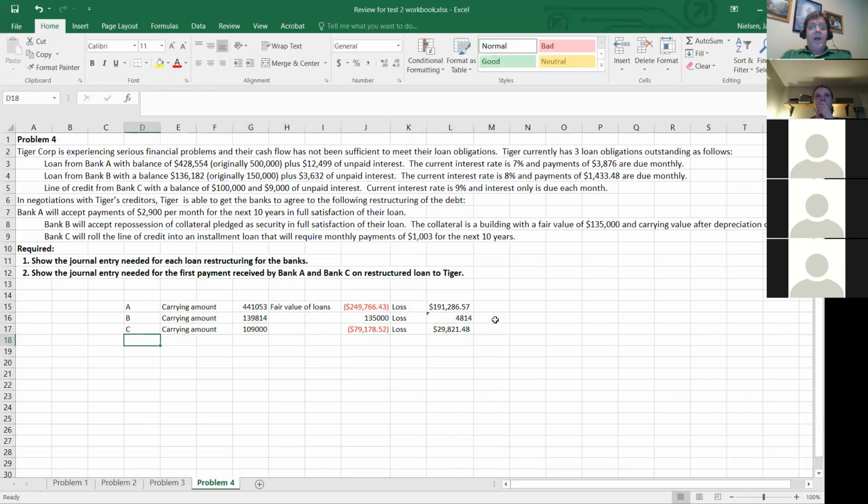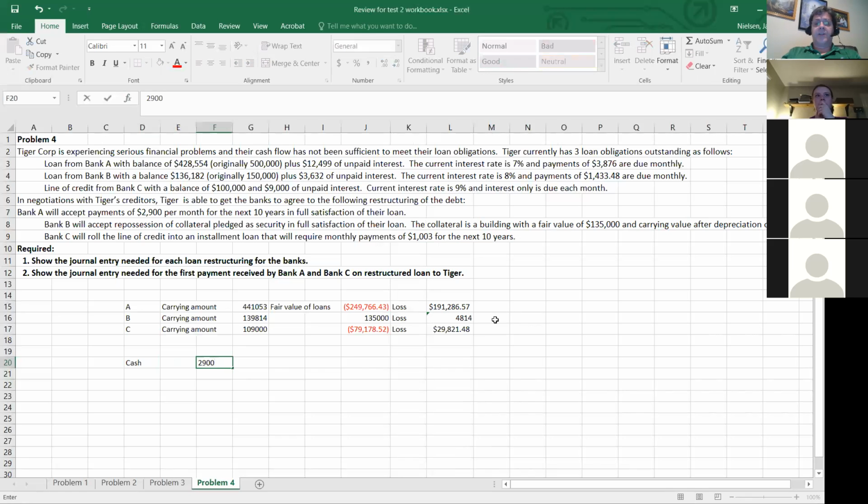Now, it also asked for the journal entry for the loan. This is just to make sure that you understand that with these new terms, you still have the same journal entries that you would have otherwise. So Bank A is going to debit cash for $2,900.